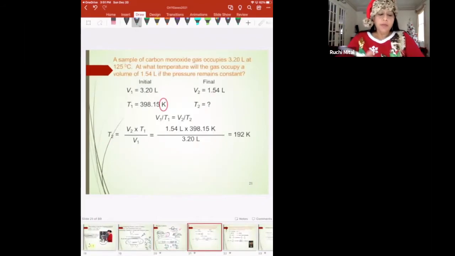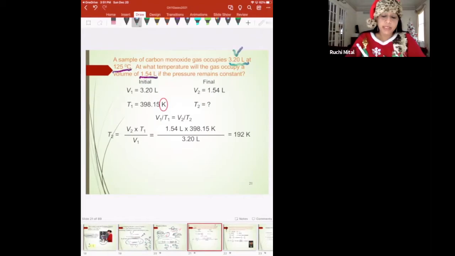Here is another problem. A sample of carbon monoxide gas occupies 3 liters. So you know that this is your volume V, at a temperature of 125 degrees Celsius. The moment you see degrees Celsius, what should come to your mind? I hope you all are thinking about Kelvin. So you will add 273. At what temperature will the gas occupy a volume of 1.5 liters? That means this is my V1, this is my V2, and the pressure is constant.